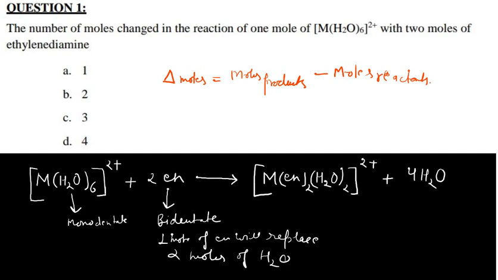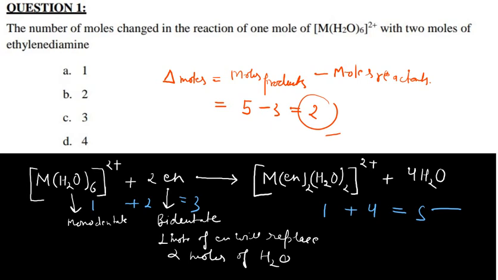Okay, so products: 1 mole of this, 4 moles of this, that is 5. Reactants: 1 mole of this plus 2 moles of this, that is 3. See, it's simply 5 minus 3 equals 2. So the change in moles is 2. So option B is the correct option, right?